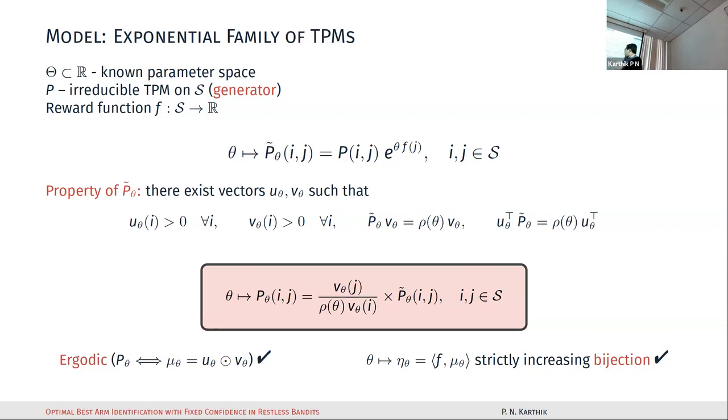If you define the mean value of this matrix P theta as the average value of f under the stationary distribution of P theta, which is mu theta, it turns out that theta to its mean is a bijection. So the only assumption on P is irreducibility. Irreducibility. Yes. No need of ergodic. No.